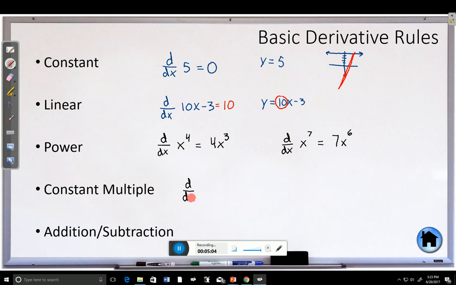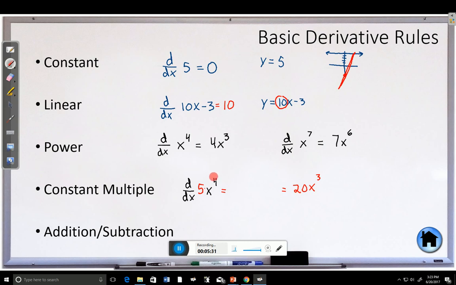So if I take the derivative with respect to x, I'm going to start with x to the fourth, but I'm going to put a constant in front of it, a coefficient, that is, of course, multiplying. Now, what would that do? I'm guessing most of us would come up with the correct answer, which is 20x to the third.